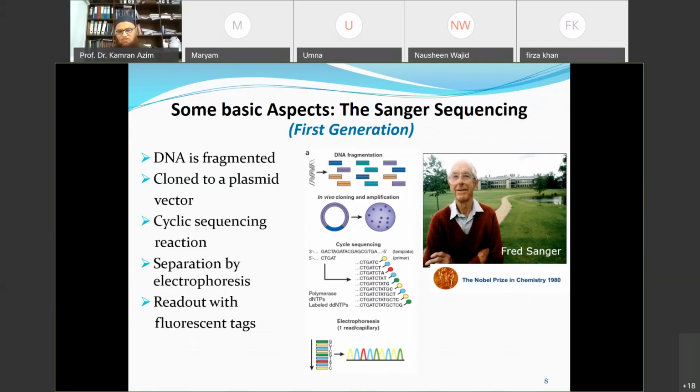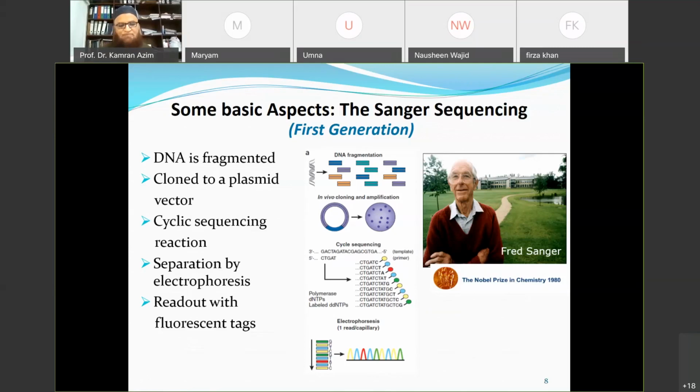After that, we clone the fragmented DNA. Each piece of the DNA is cloned into a plasmid vector using the genetic engineering cloning method, which we study in the genetic engineering course.